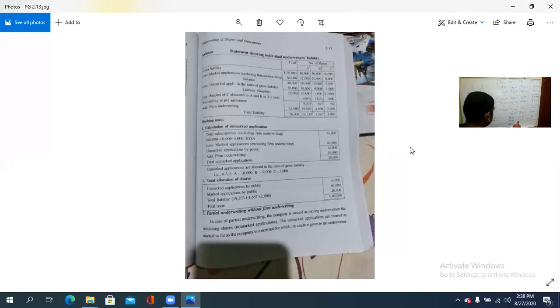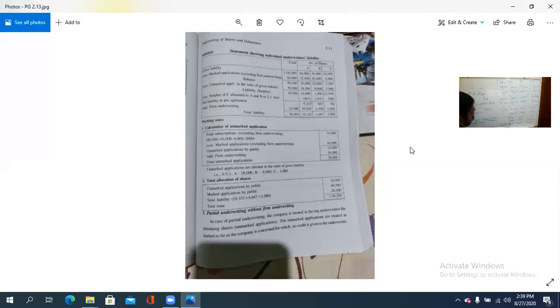Then 4,000 is to be added. So 4667, and here it is 2,000. So finally, the net liability, how much? Total is 19,333 plus 4667 plus 2,000. See, 26,000 is the total liability now.